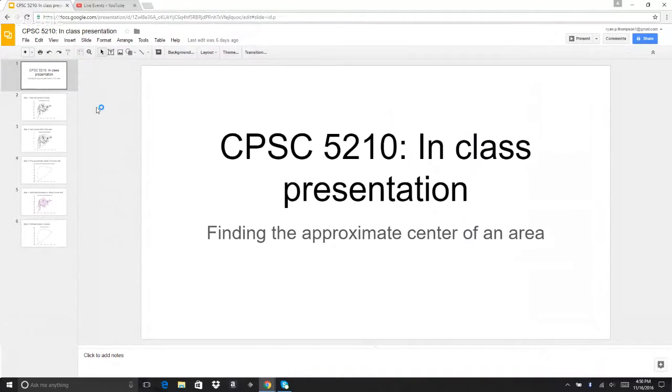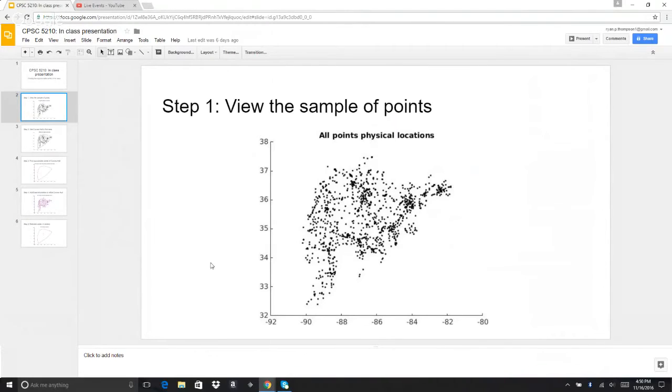Here's an example that we'll be covering in class, but I'd like for you to conceptually see some real-world applications. Say we have a series of points, and we need to find the approximate center of those points. Each one of these points represents a real-world point of electricity delivery.